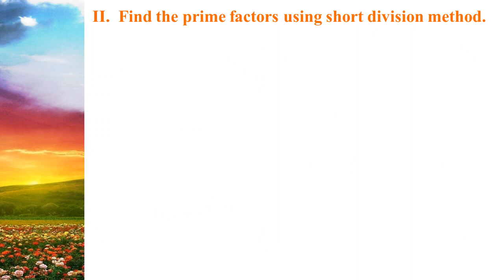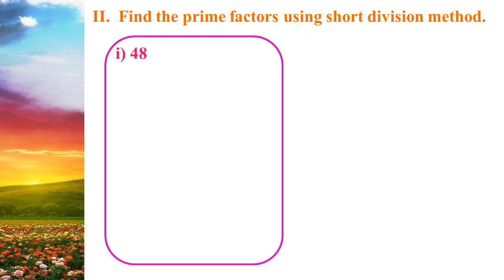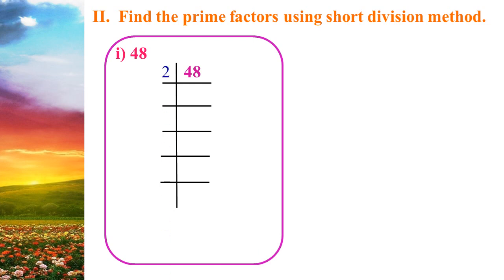Let's see second Roman. Find the prime factors using short division method. Here is given 48. The first question is 48 using short division method. 48 on dividing by 2, 24 twos are 48.